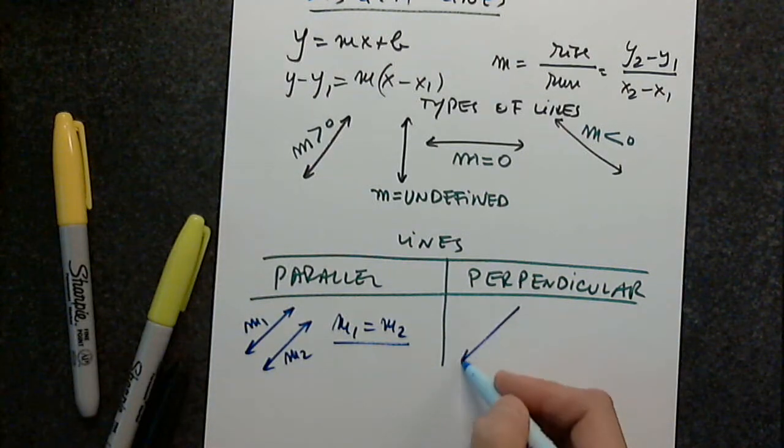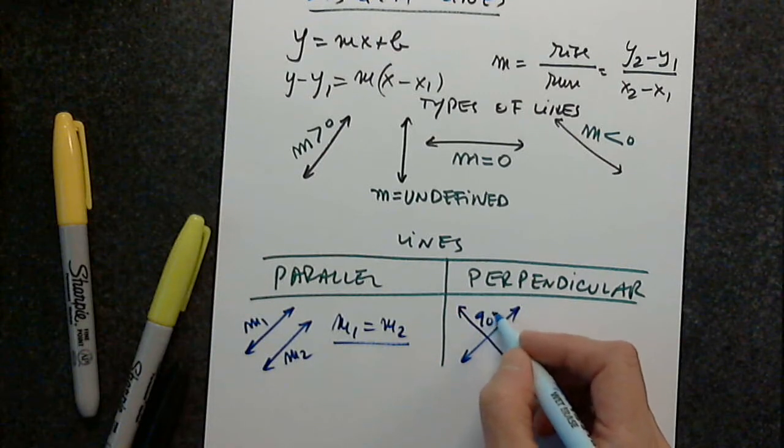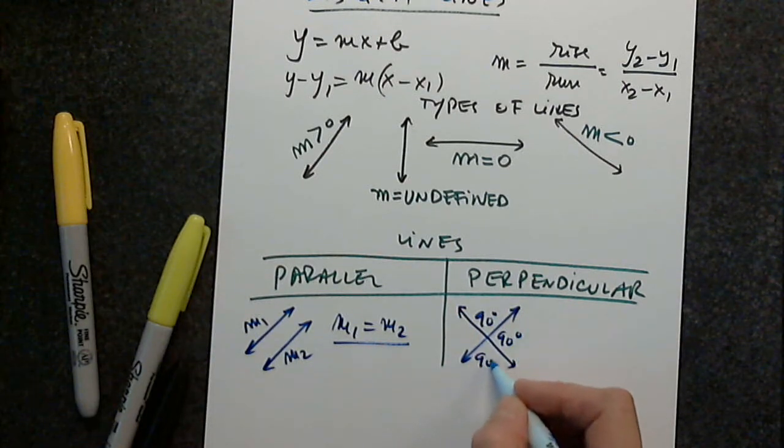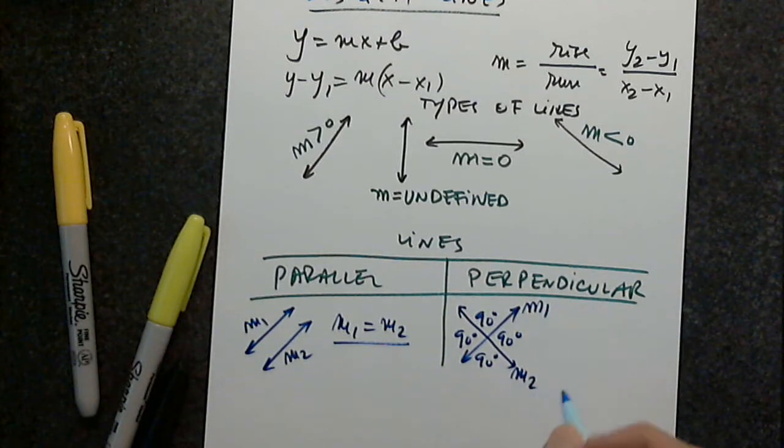What if 2 lines are perpendicular, meaning they are forming 4 90-degree angles? So this is the slope of the first line, and M2 is the slope of the second one. What is the relationship between the slopes of these 2 lines if they are perpendicular? Negative reciprocal of each other.